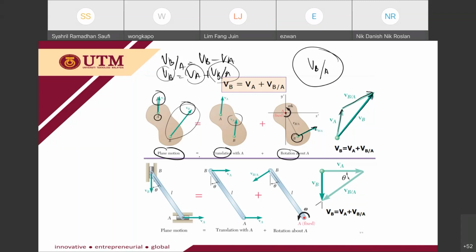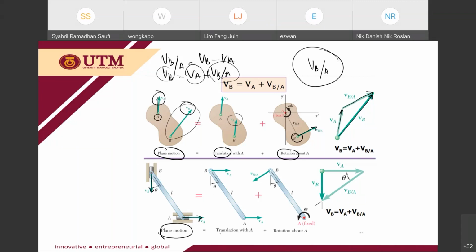Okay, let's go on to the second one. You have this plane motion. If you focus on the rod AB, at point A, this is the velocity line. At point B, this is the velocity line. So point A and point B have different velocities.